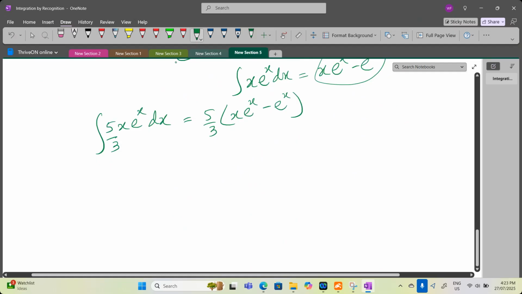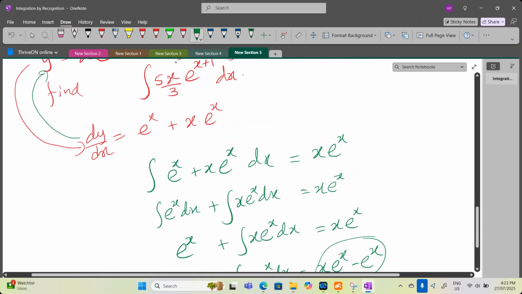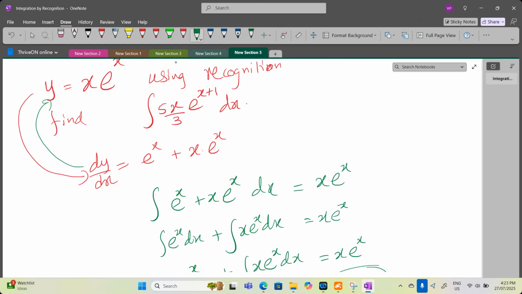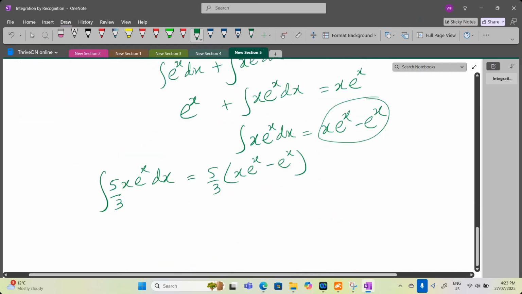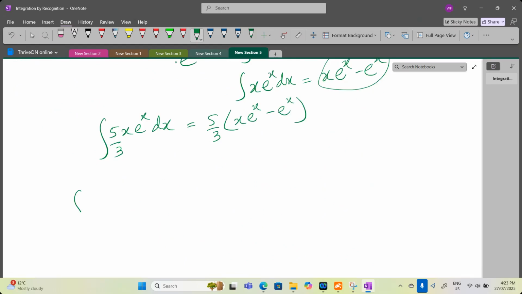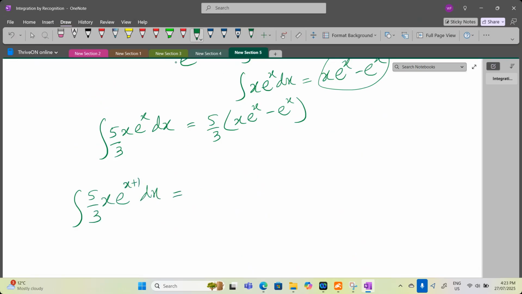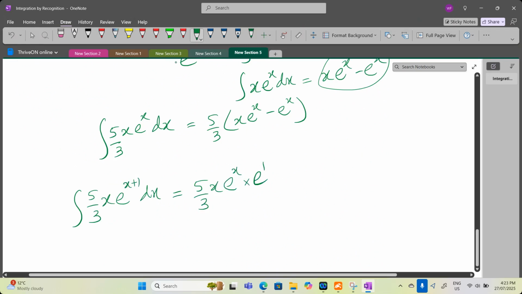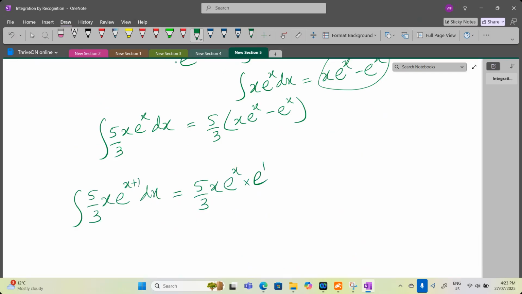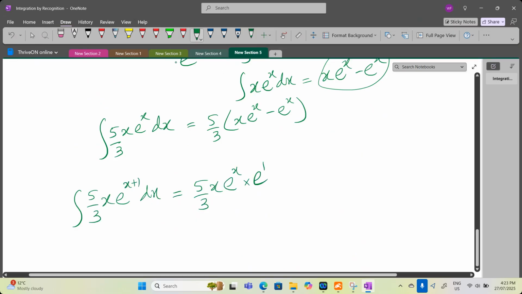Now, the requirement here is evaluating 5x over 3 e to the x plus 1. What we require is 5 over 3 x e to the x plus 1 dx. e to the x plus 1 means e to the x times e to the 1, because you add the powers when you multiply.